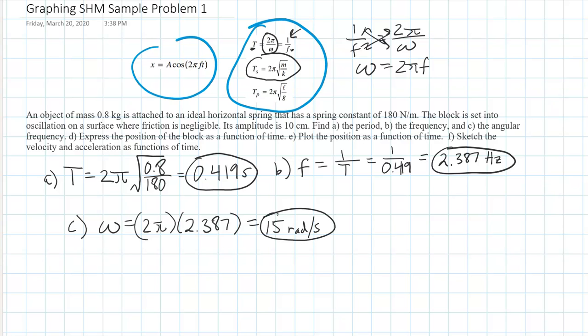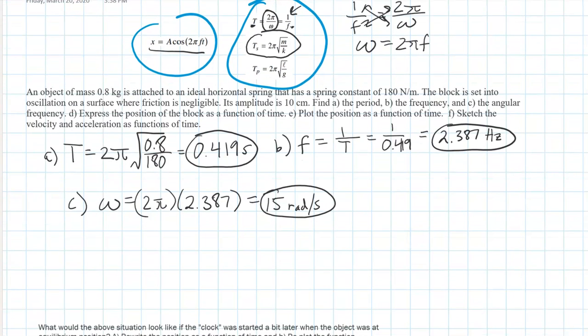Now for part D, we want to express the position of the block as a function of time. So for that, we want to use this equation here, where remember A is the amplitude, and then we've got the cosine of 2 pi times the regular frequency times t. So our amplitude is 10 centimeters, which we want to convert to meters, so that's 0.1 meters.